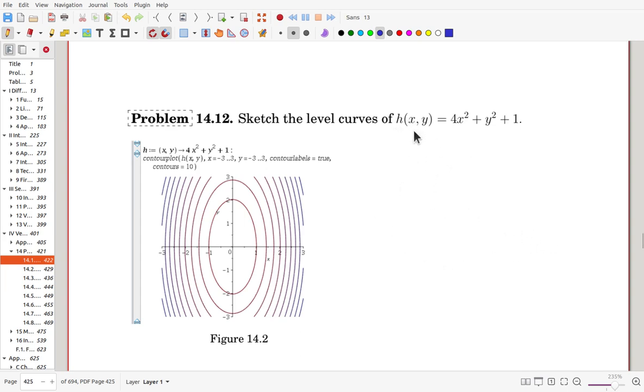Here for the function, the level curves are made, and by using computer programs, you can see quite easily, and rather than working through the manipulation case by case in detail, you can get the output quite easily. So that's the reason we are trying to use computer algebra systems.